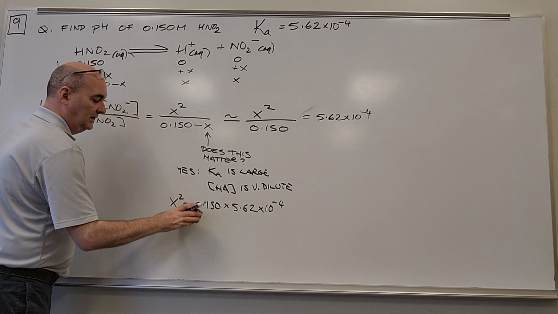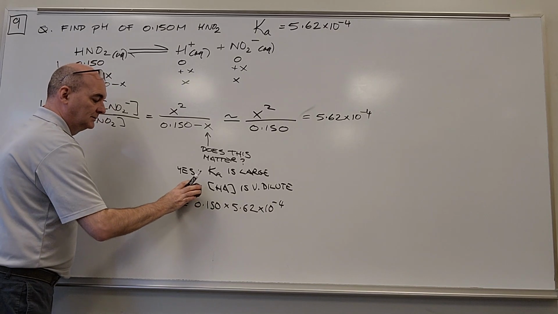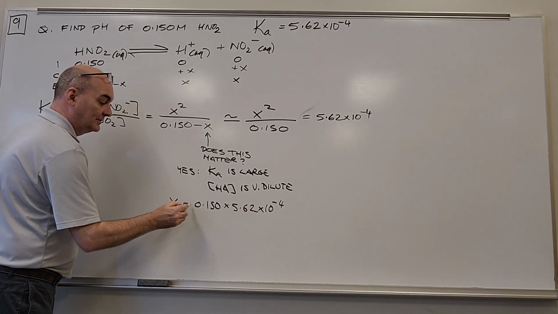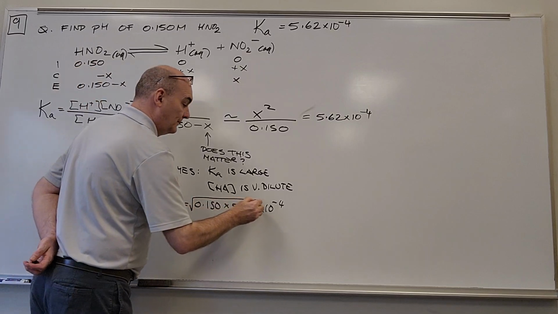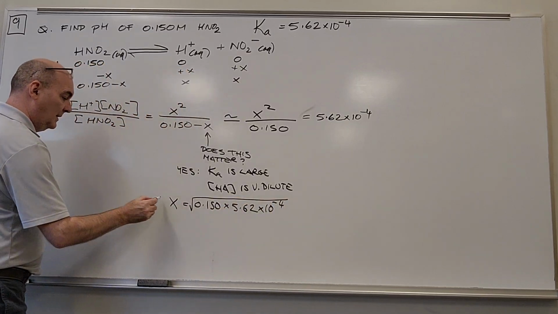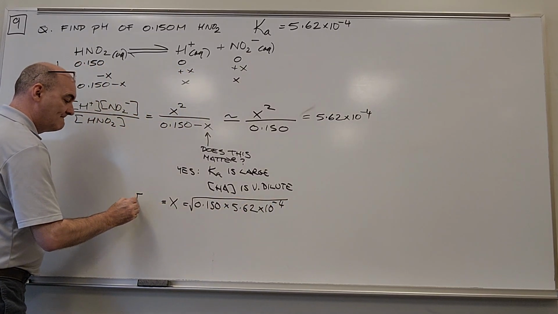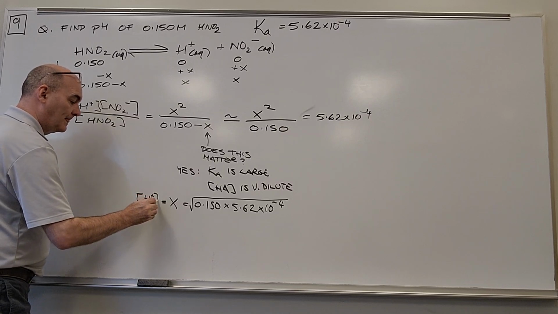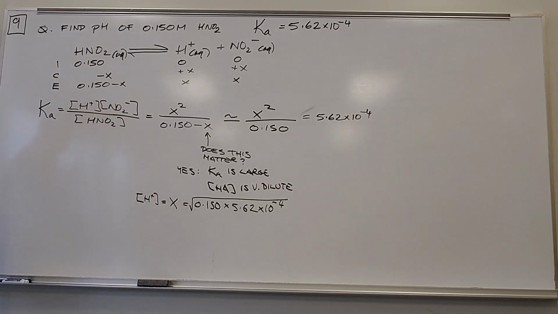Which means that x is the root of that. And what does x represent? The concentration of H plus. The thing that we really want to know. The equilibrium concentration of H plus.